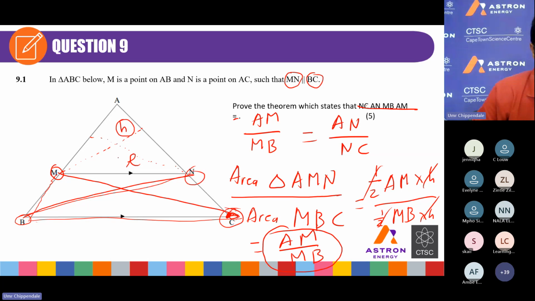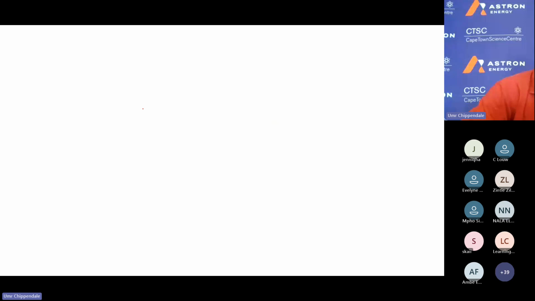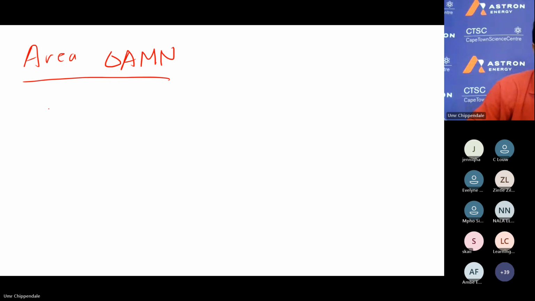Earlier we've done it the other way. Now we're going to be dealing with these three. So we again take the top triangle and show it at the bottom. The first one I was dealing with was MBC. So we are now going to say this is going to be our area of triangle AMN, because remember, we're dealing with these two. We want to make sure they equate to each other.